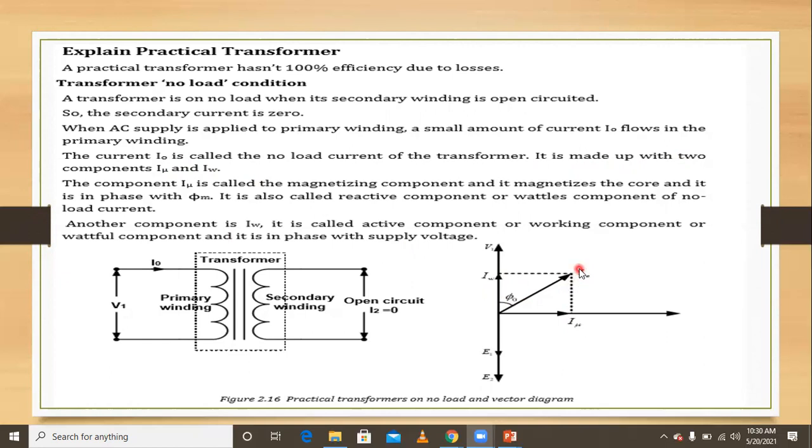The magnetizing component is in phase with the flux and the wattful component is in phase with the supply voltage. So it's clear, everyone.